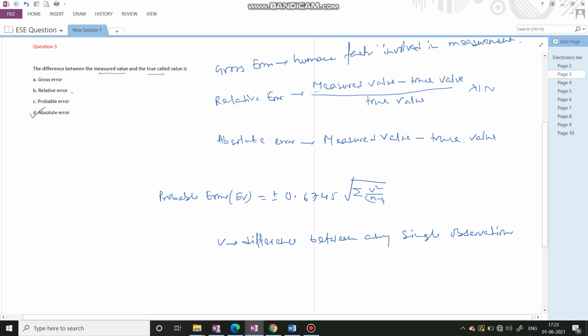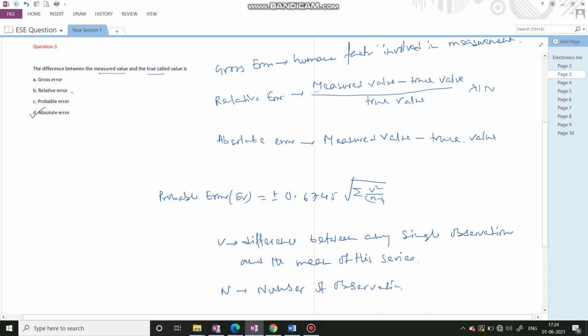Suppose you are taking 5 measurements, then V means the difference between any one single observation and the mean of the series. And n is the number of observations.